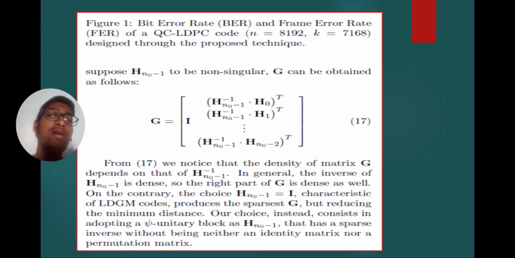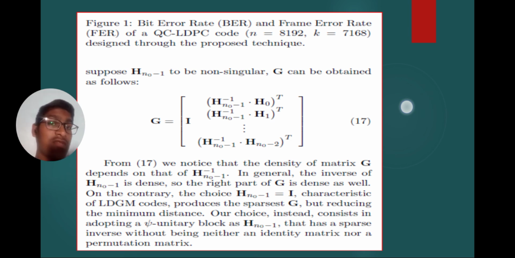Suppose H n naught minus 1 to be non-singular, G can be obtained as follows. G is a matrix I, H inverse n naught minus 1 dot H naught whole transpose, H inverse n naught minus 1 dot H1 whole transpose, and so on, H inverse n naught minus 1 dot H n naught minus 2 whole transpose.